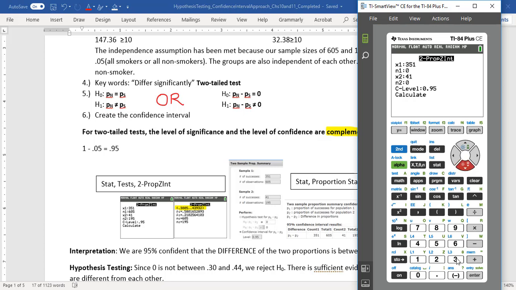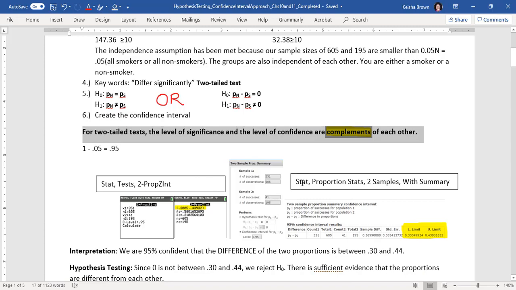First they talked about non-smokers. x sub 2, they talked about smokers. C-level is our level of confidence, our complement of alpha. And when we press calculate, there is our interval. So we interpret this by saying we're 95% confident that the difference in opinions of the non-smokers and smokers is between 0.3 and 0.44.